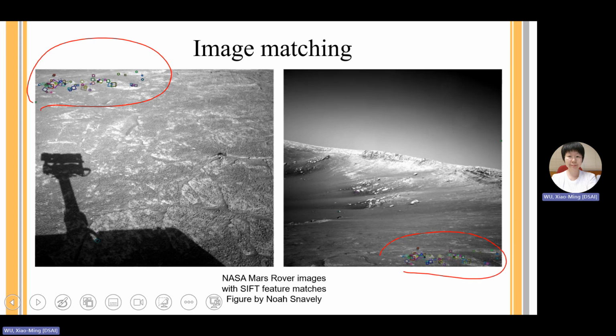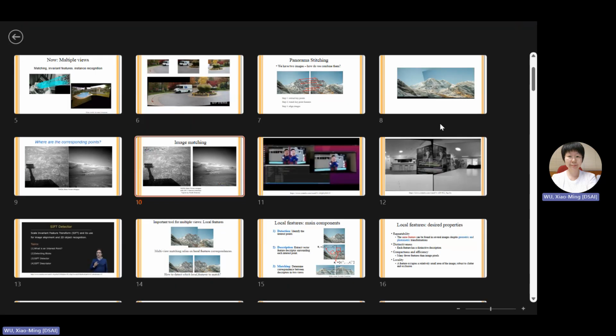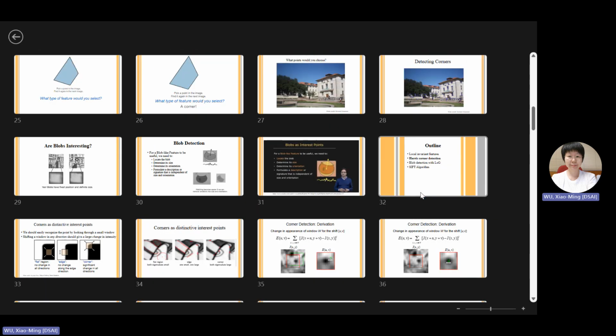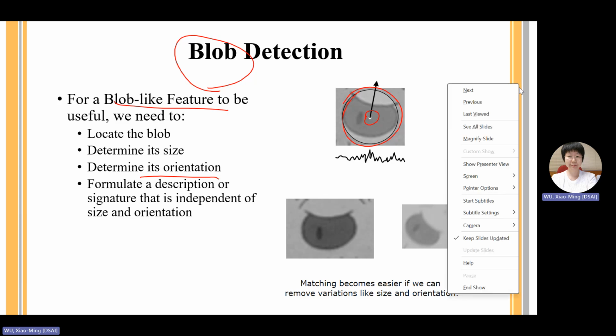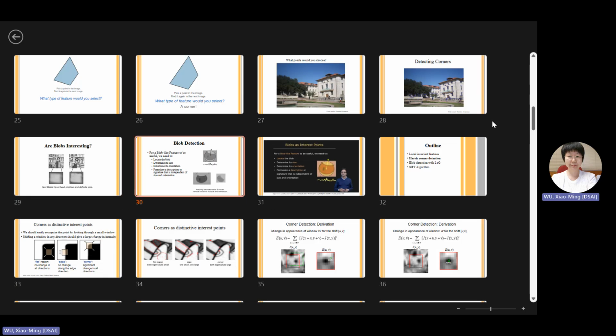They are represented by different squares. The size of the square represents the blob size, the size of the blob features. Okay, so the interest points here are the blobs.